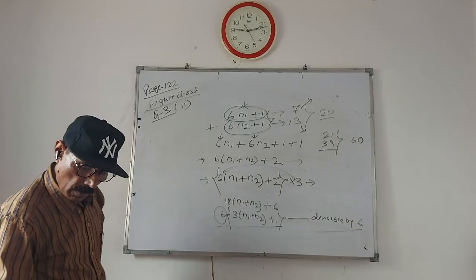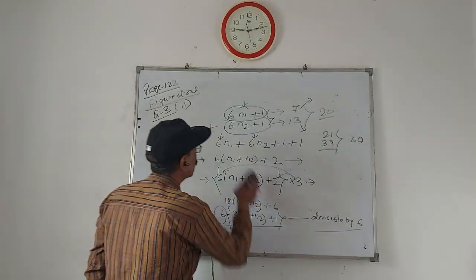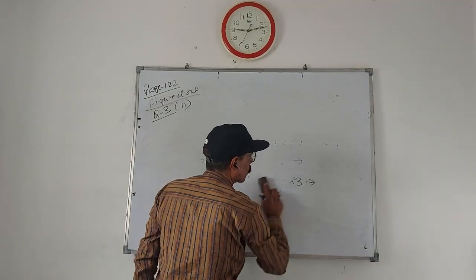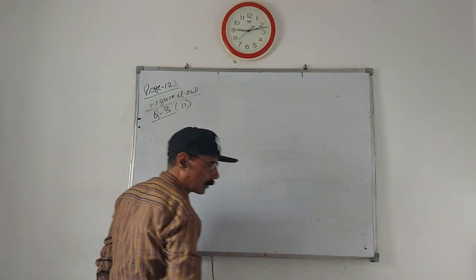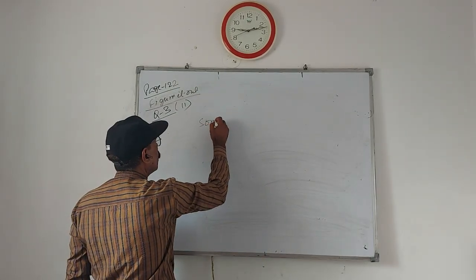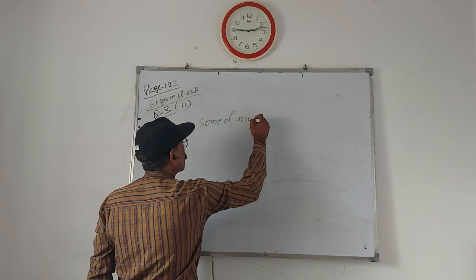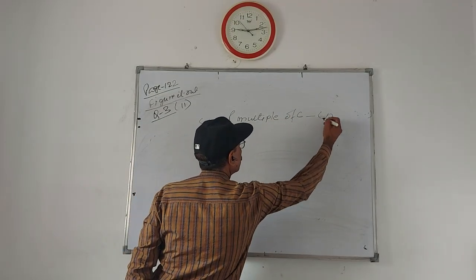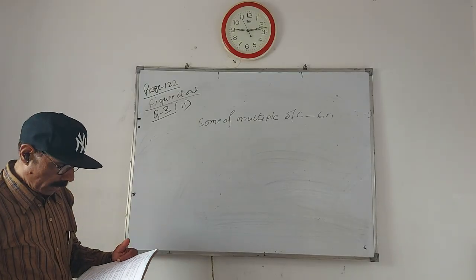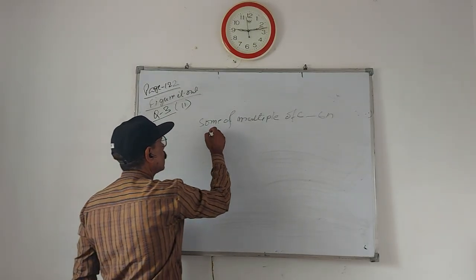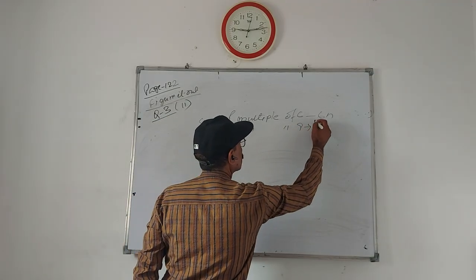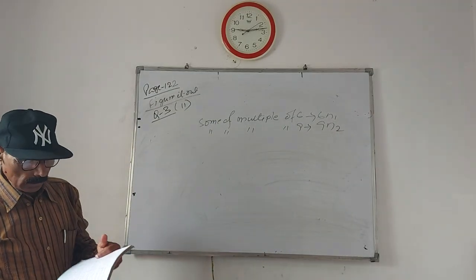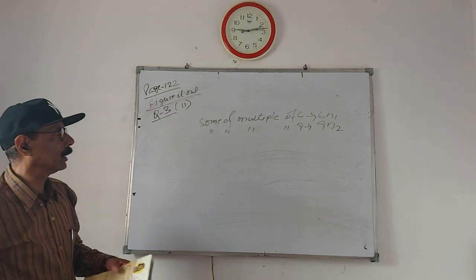You can write it like this, 6 n1 and 9 n2. So this is a multiple of 3.